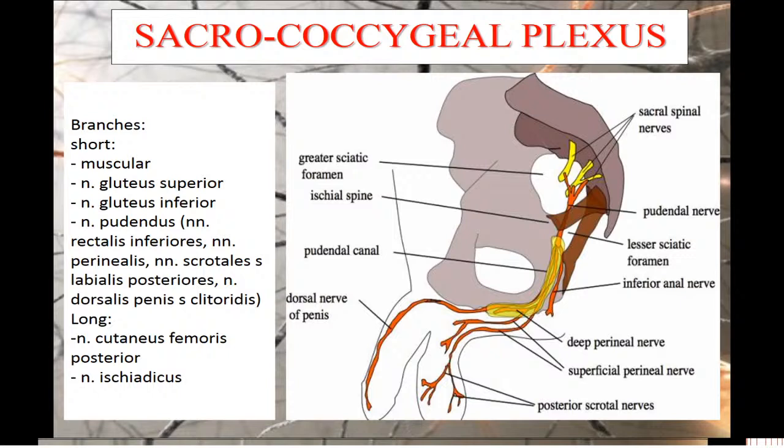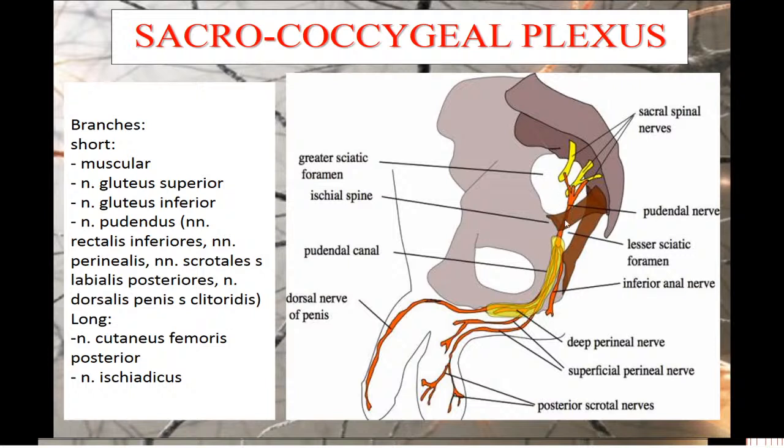Of course, the most interesting of the short branches is the pudendal nerve, nervus pudendus. This pudendal nerve from the sacrococcygeal plexus passes through the infrapiriform foramen, and via this foramen it leaves the pelvic cavity.